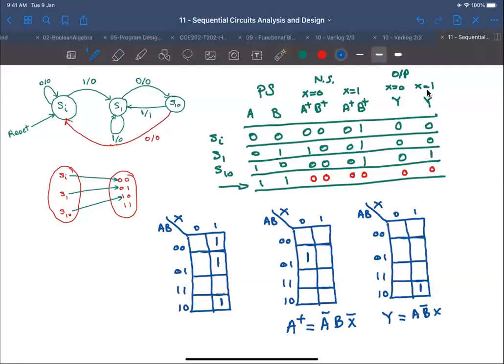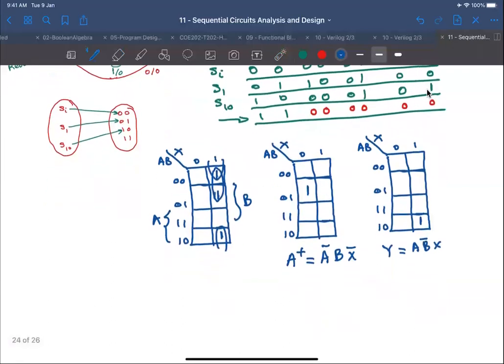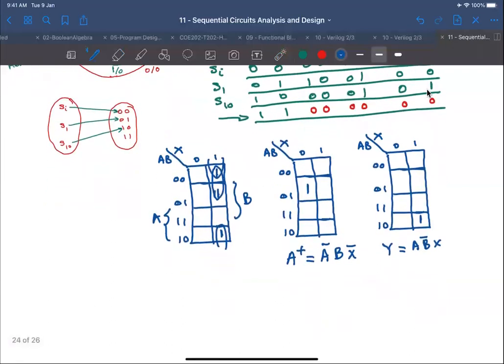So please pay attention not to make this mistake. To do the grouping here, you just take the top two together and the bottom two together. Both of them will have the true value of X. So B plus will be equal to A complement X ORed with what? B complement X.